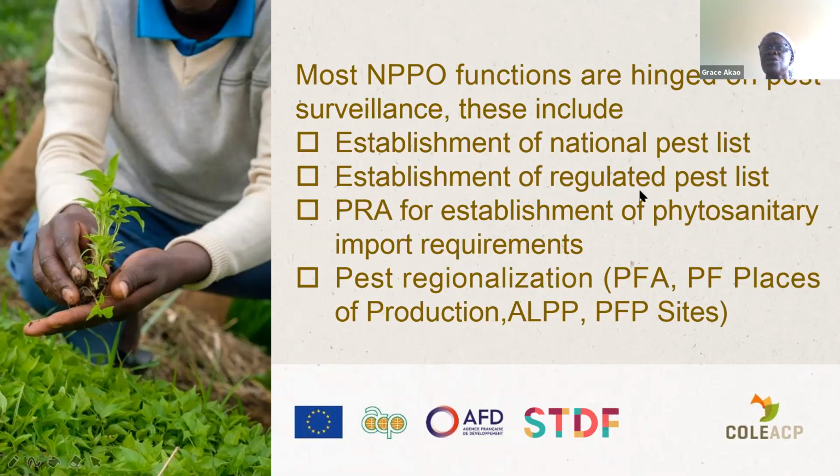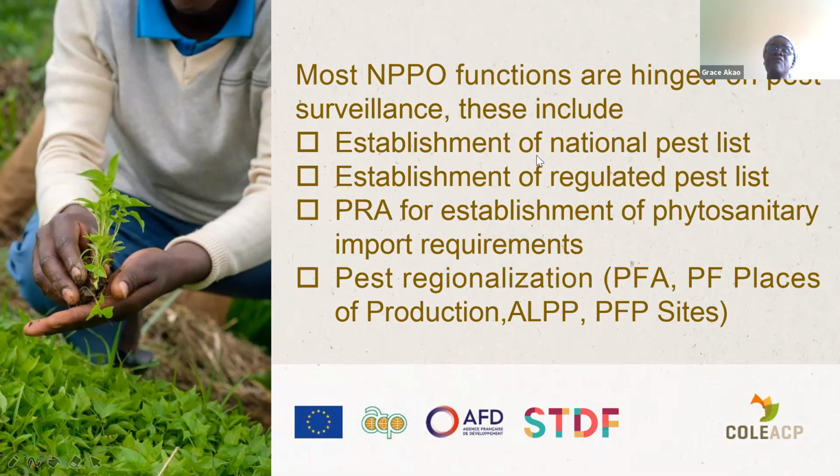And in case it is introduced, it is contained and eradicated. So for regulated non-quarantine, the pest organism is there, but you don't want to keep getting many more populations entering into your country from other places. So its population is being monitored, it's being put under control, but it's actually not eradicated.